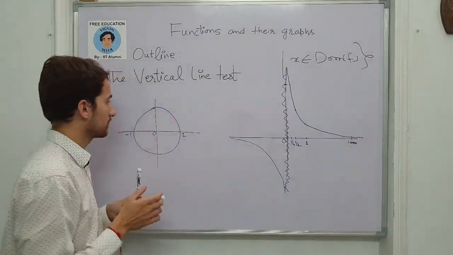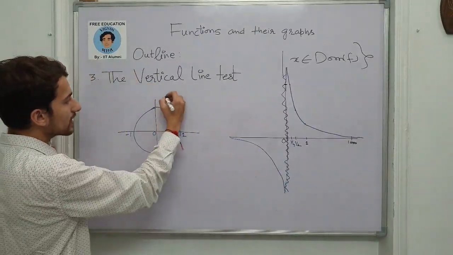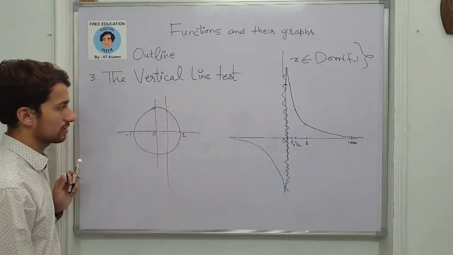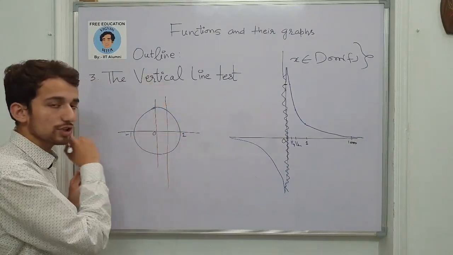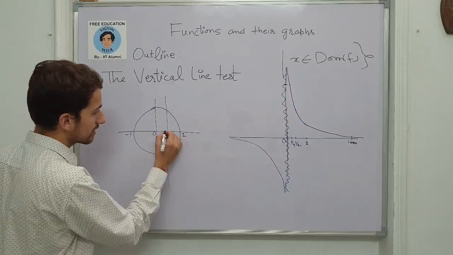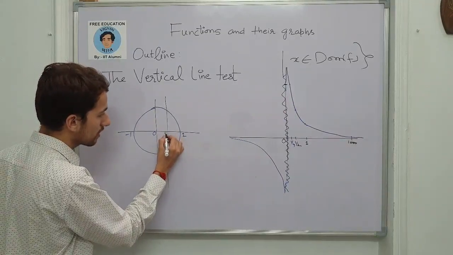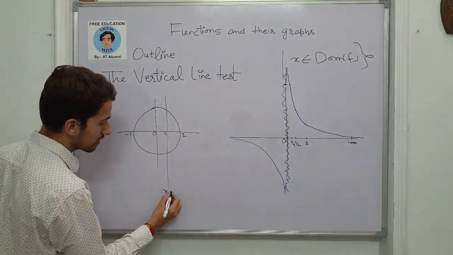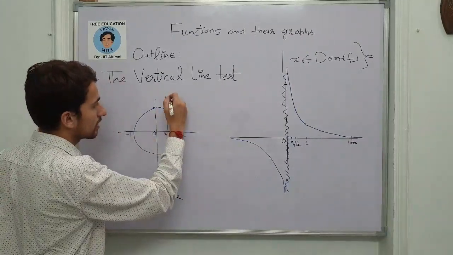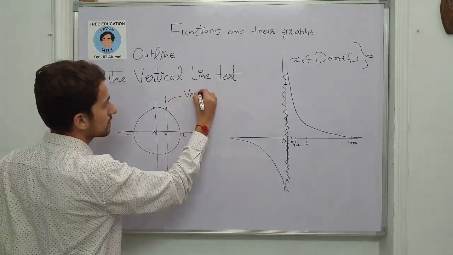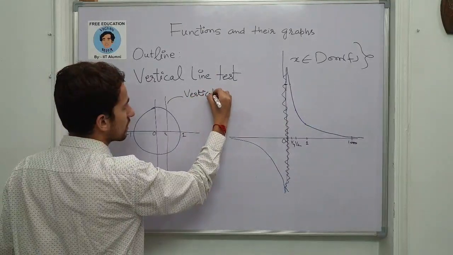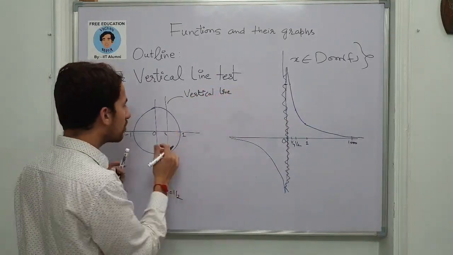This is the unit circle. Now suppose I draw a vertical line, at x equals half.